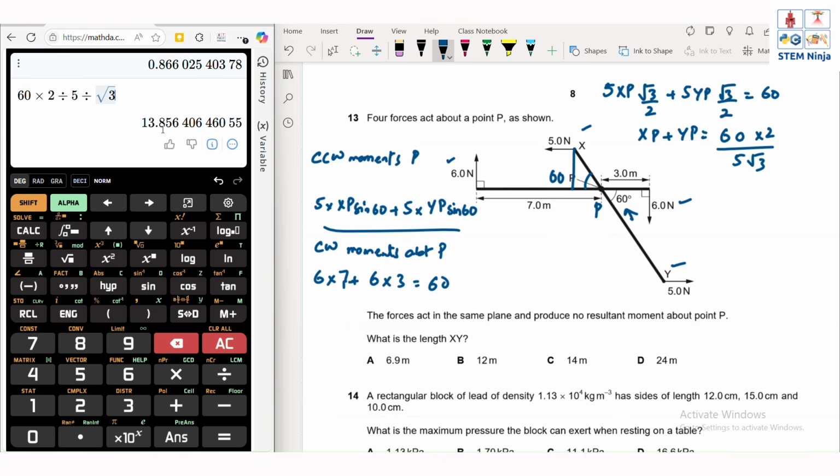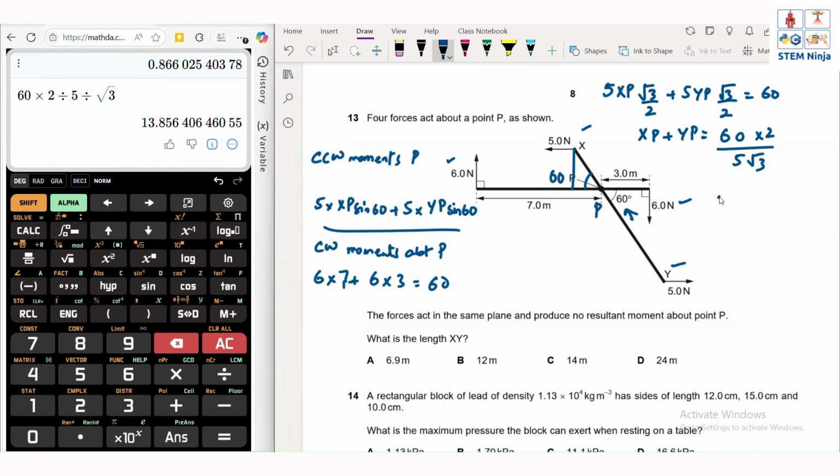So 13.8. So that xy, which is going to be equal to this, is going to be 13.856, roughly about equal to 14. So 13C.